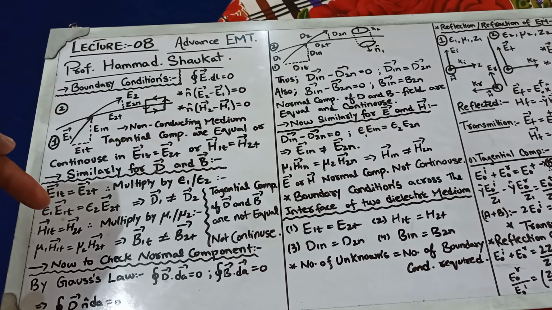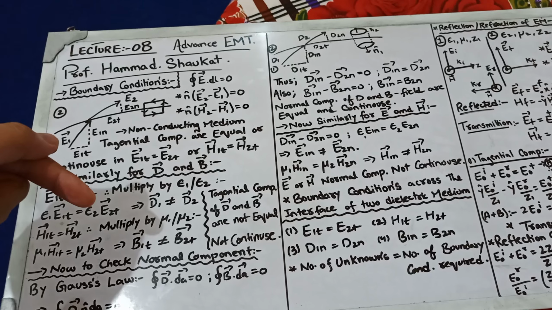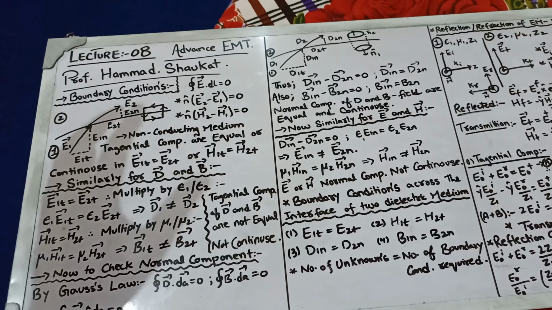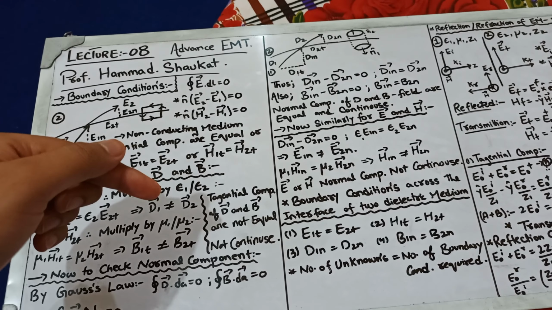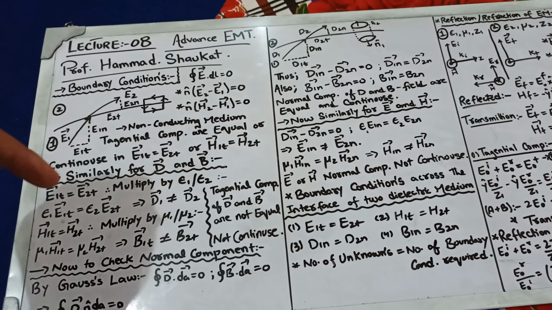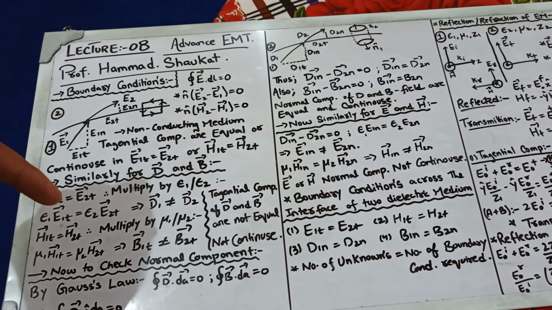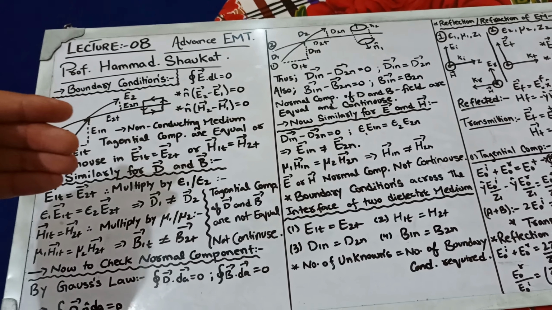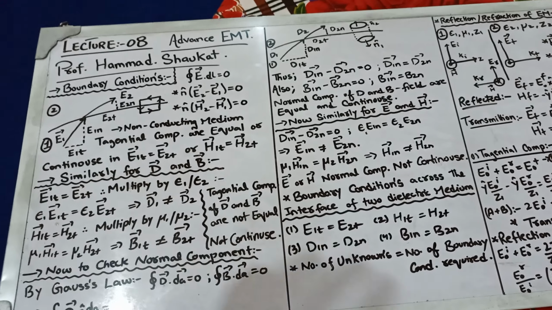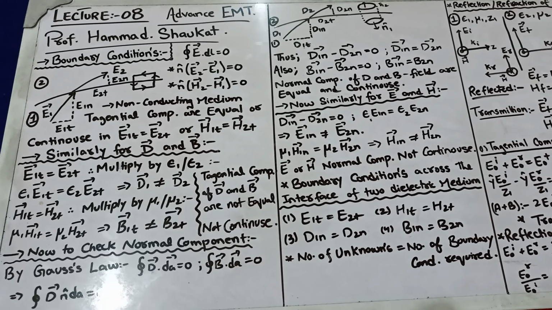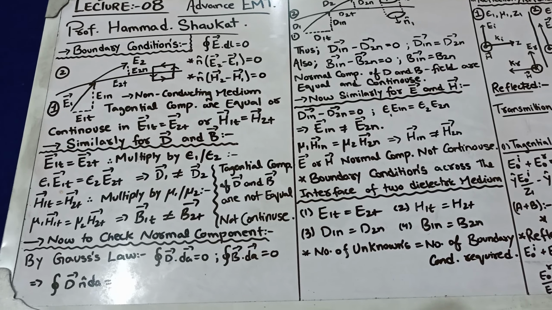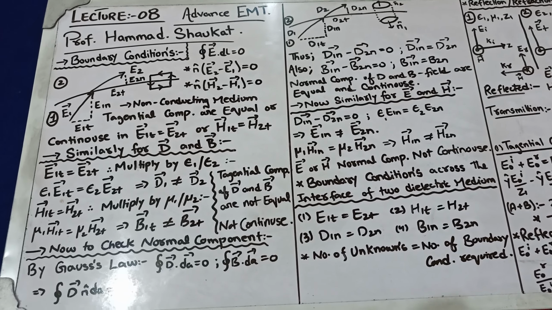Here we multiply by epsilon 1, here by epsilon 2. When you multiply both sides of an equation by different numbers, the equality no longer holds. That's why D1t now does not equal D2t. If you multiplied both by the same epsilon, it would be equal, but we don't multiply by the same, because then it would not become D1 and D2. So in this scenario D1t does not equal D2t, and we can conclude that the tangential component of the D field is not equal, or not continuous.